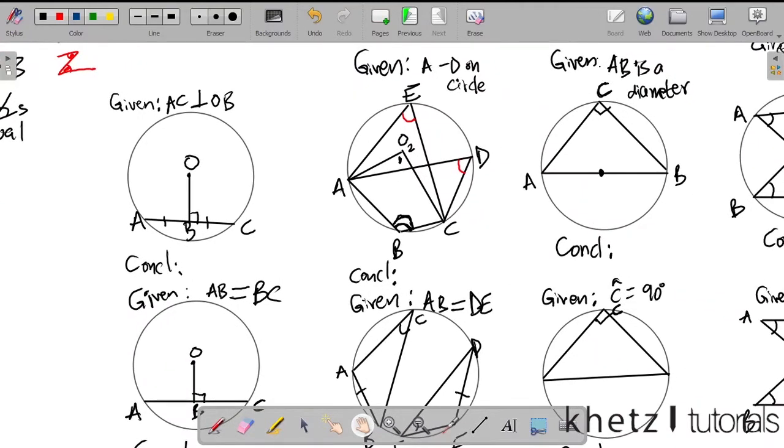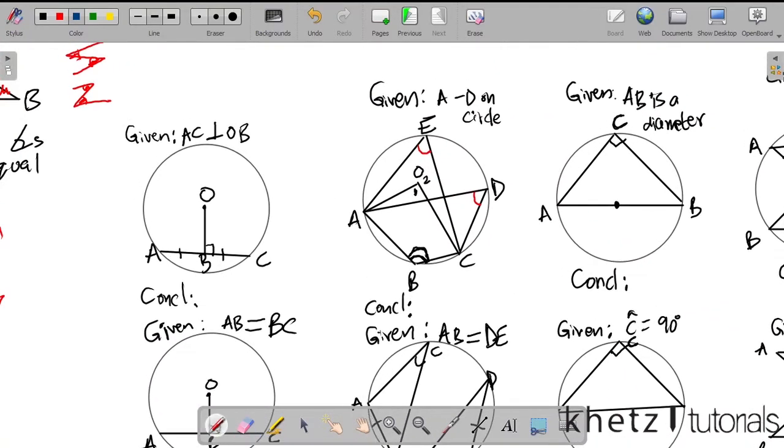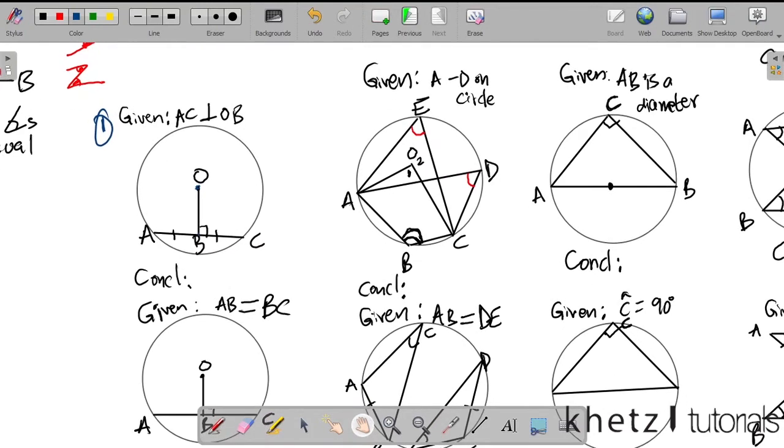So starting with this one over here. This will be our first one. Let's just label it 1, just so we are on the same page. We are saying if we're given AC perpendicular to OB, which is the line drawn from the center to the point B on AC, then we can ultimately make a conclusion.